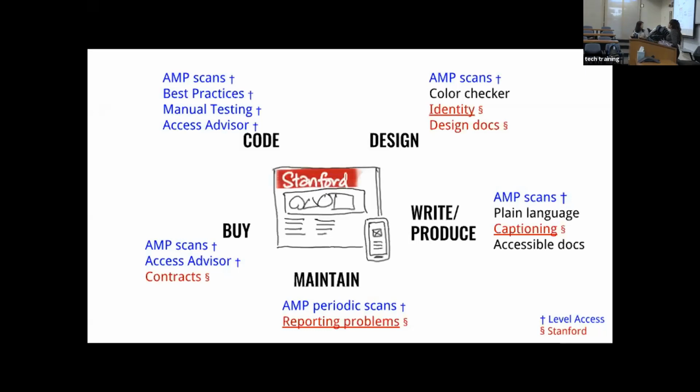So I've covered what to do when you're buying. Oh, not yet. Contracts. If you're signing a contract to buy software, or hiring contractors to write software for you, I believe it's line item number 28 in our general terms, our standard Stanford contract language.